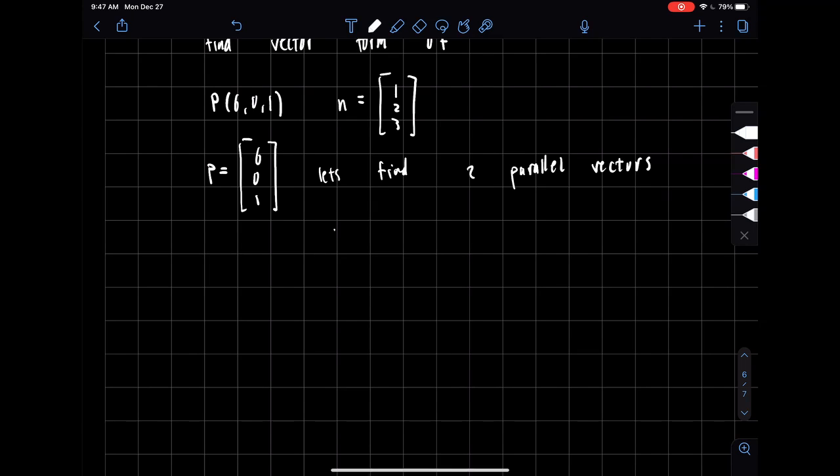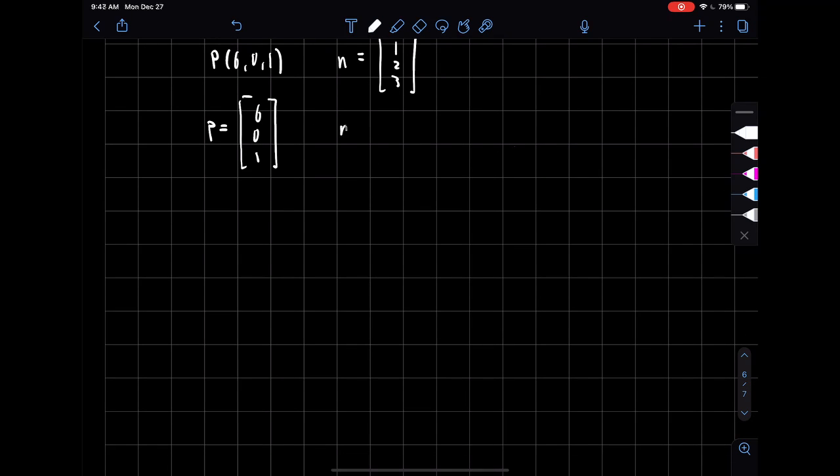So what we're going to do now is the better way, where we identify that we have to use the general equation n dot x equals n dot p, which gives us our initial equation, the equation of the plane.